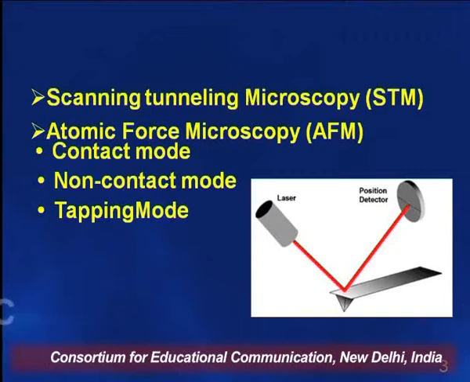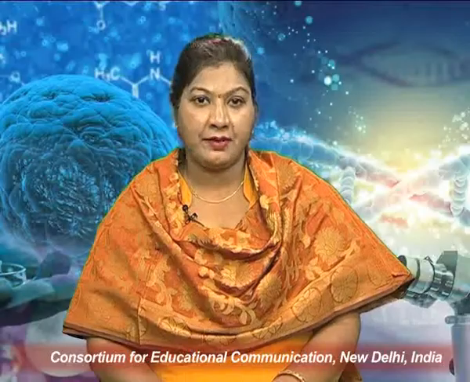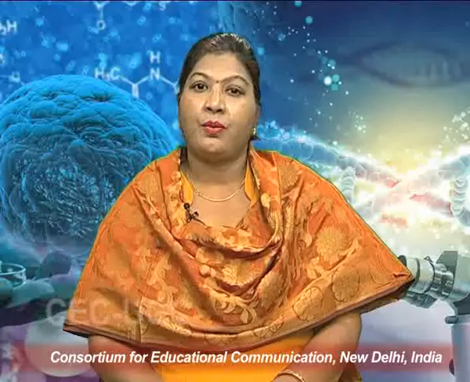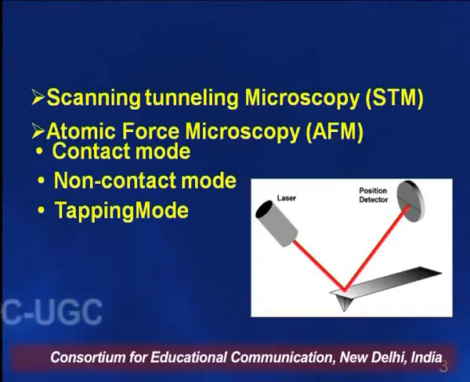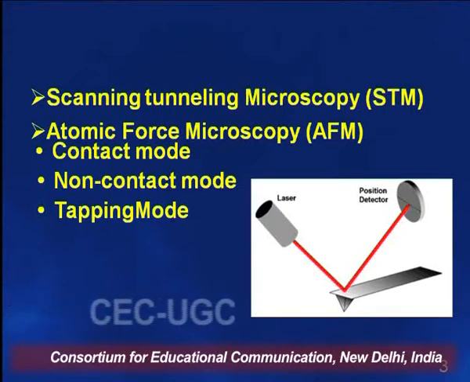This AFM is one method of scanning probe microscopy, and AFM works in three modes. First is the contact mode, second is the non-contact mode, third is the tapping mode, and all have their own applications. So in today's lecture we discuss these contents.